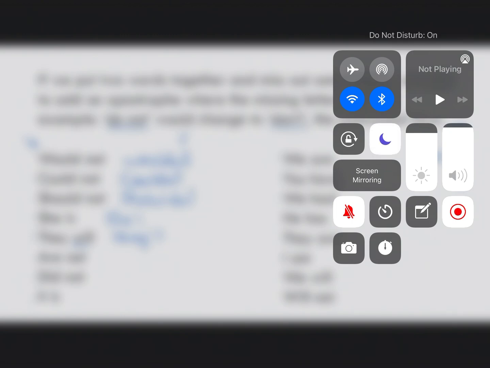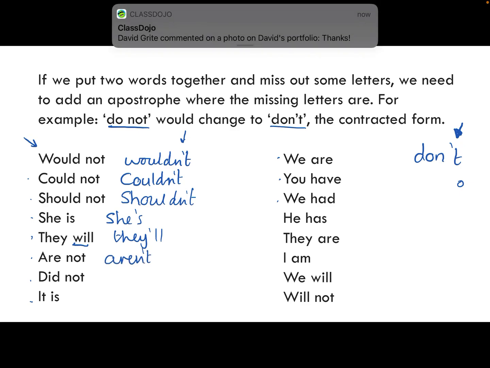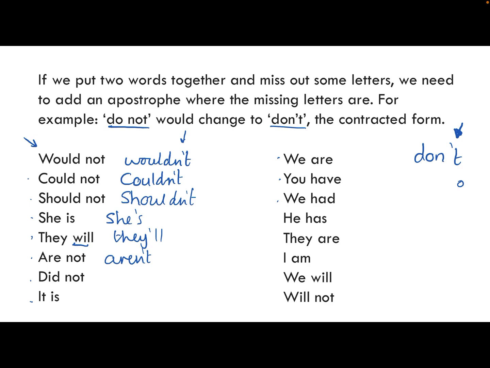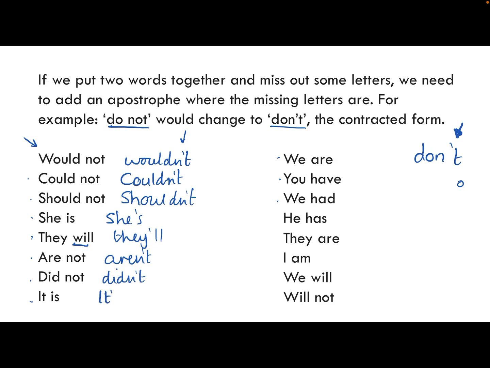Did not becomes didn't. It is becomes it's.